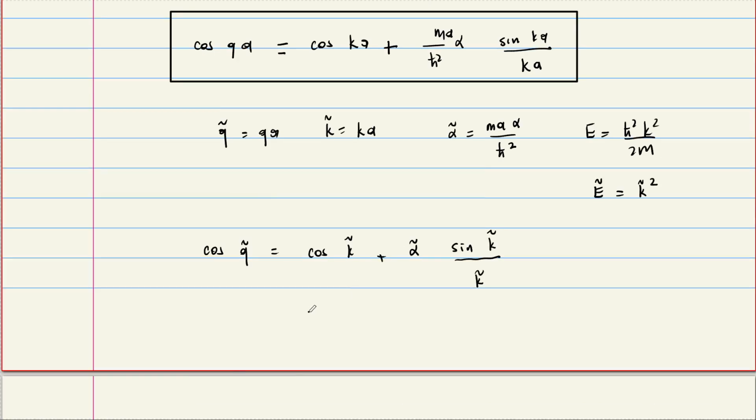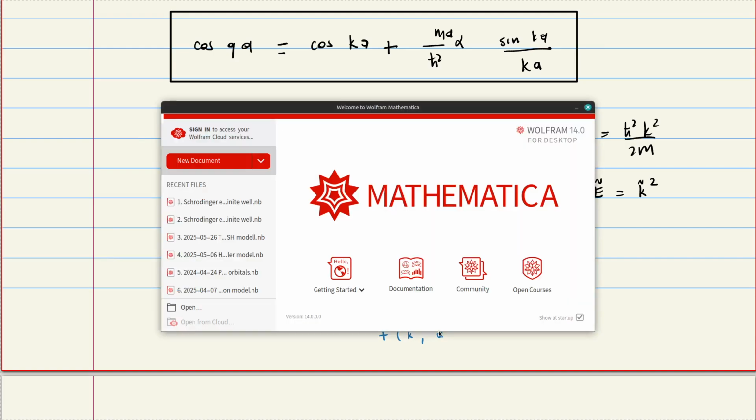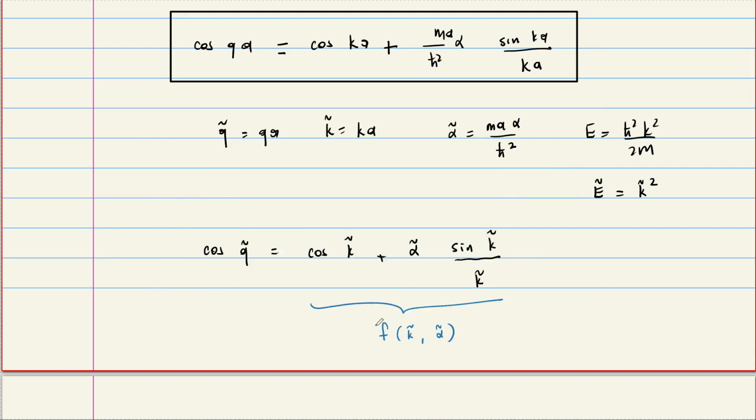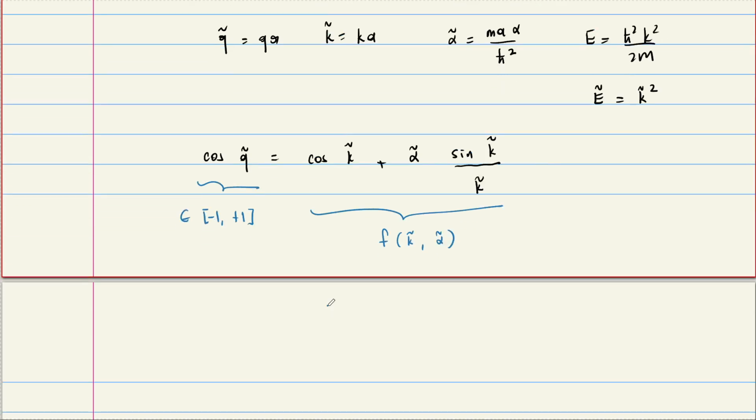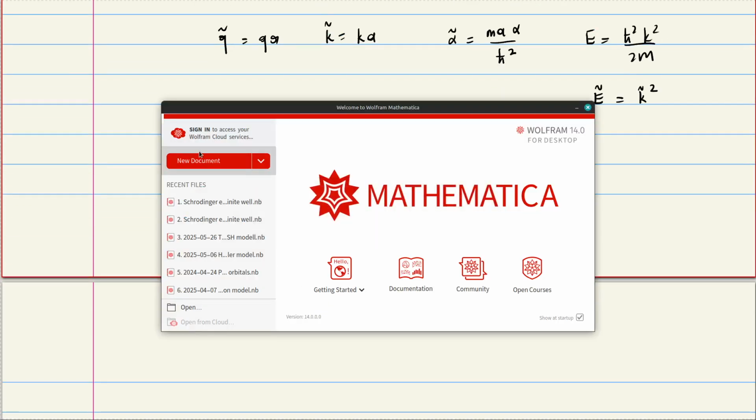So let's call this f of K tilde and alpha tilde. It has to be between -1 and +1 because the cosine side is between -1 and +1, and whenever this is satisfied there is a solution, whenever it is not satisfied there is no solution. So let's do this.